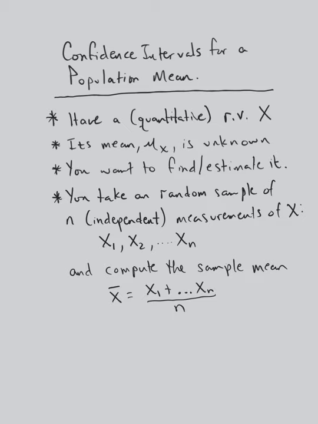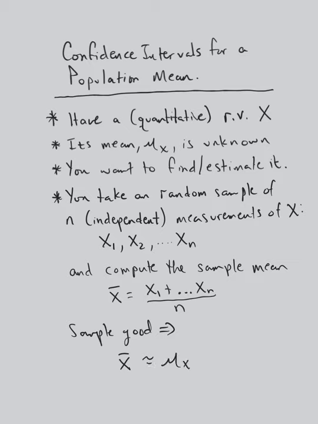We know how to compute that, and we usually use computers to do that. So what's the idea? If my sample is good, and basically if I've sampled enough measurements where I feel like I have a good representation, then that sample mean should be close to the population mean.